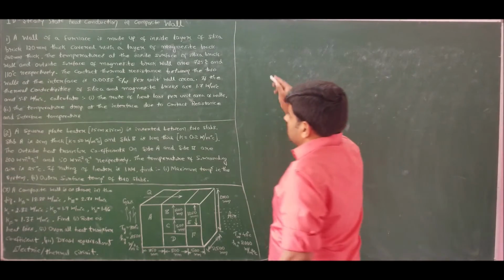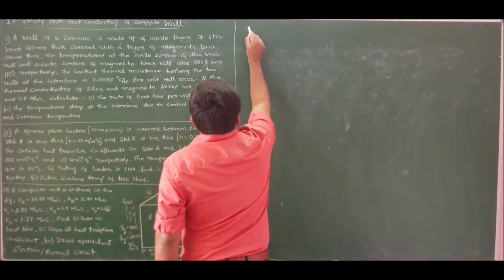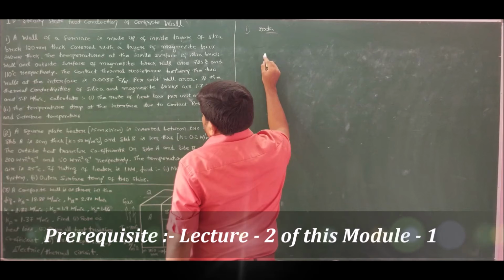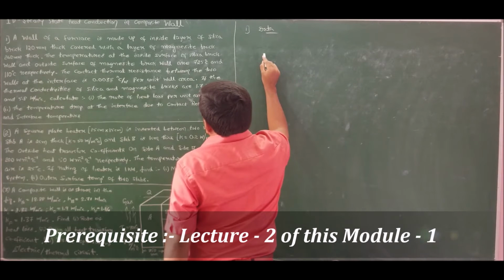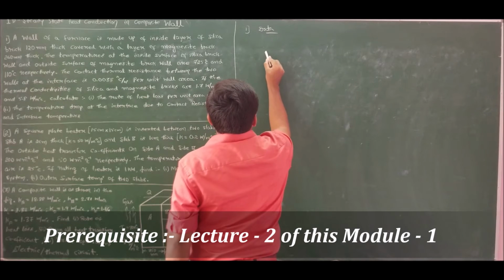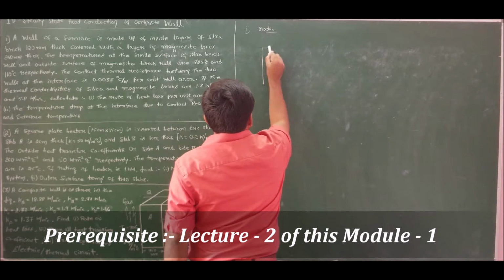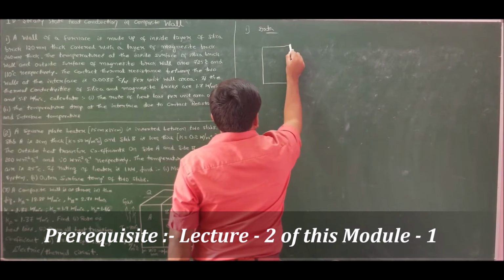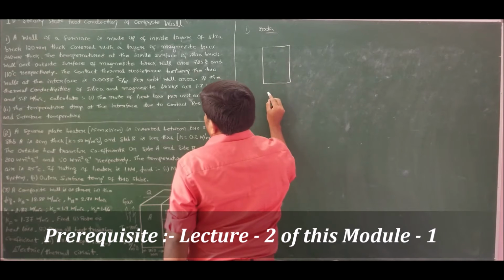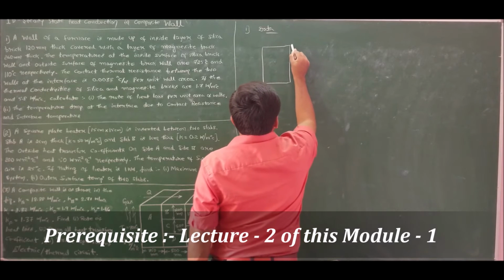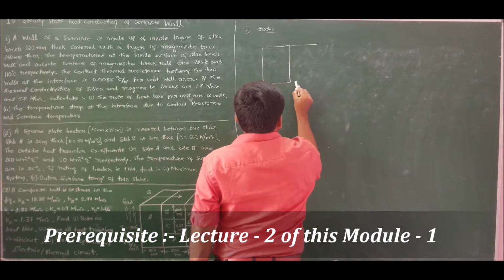Now, let me list out the data given for problem number 1. A wall of a furnace is made up of an inside layer of silica brick, so we have a silica brick like this. It is covered with a layer of magnesite brick.